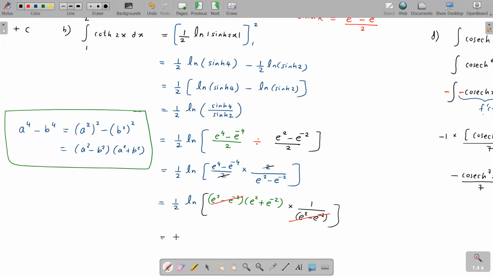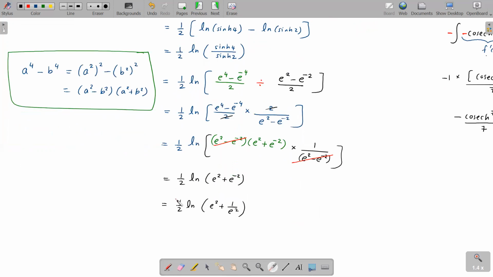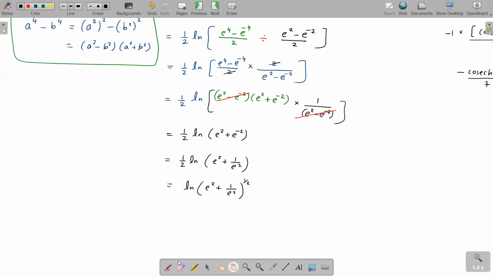And I have here half ln of e square plus e to the power minus 2, which gives me half ln of e square plus 1 over e square. I think the show that has a root. So for the root, we can take the half inside as a power. So this is ln of e square plus 1 over e square to the power half. So that's it. This is the root, the show that we get.